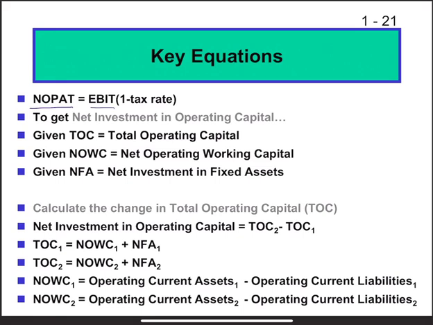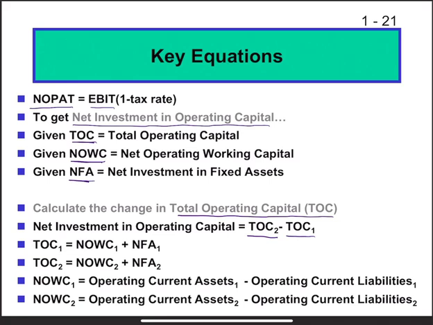Okay, and to get our net investment in operating capital, we need to find our total operating capital, our net operating working capital, and our net investment in fixed assets. So when we come down here, our first step is to calculate the change in total operating capital, and that is going to be the net investment in total operating capital, which is the TOC from our current year minus TOC from the previous year.